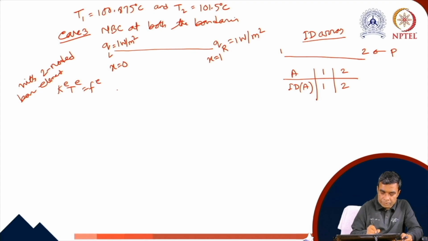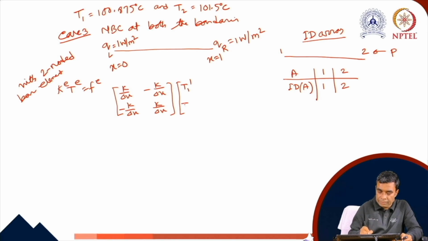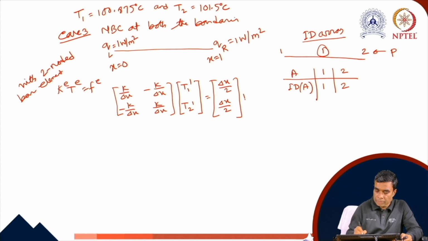We get K by delta x, minus K by delta x, minus K by delta x, K by delta x, times T_1 1 and T_2 1, this is element 1, equals delta x by 2, delta x by 2, plus Q left and Q right.